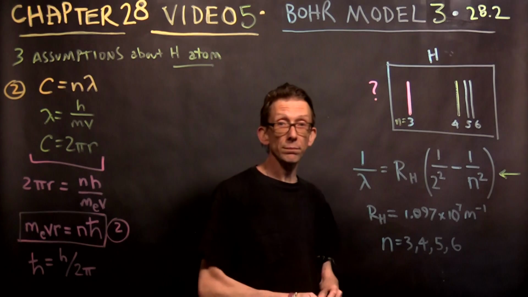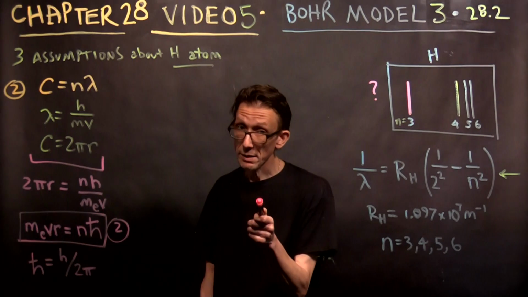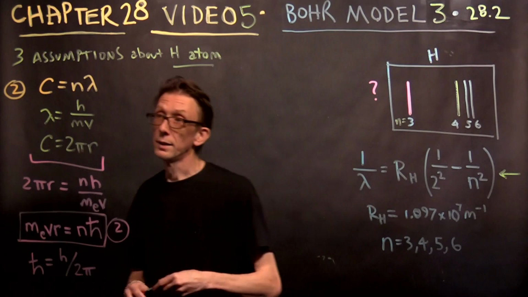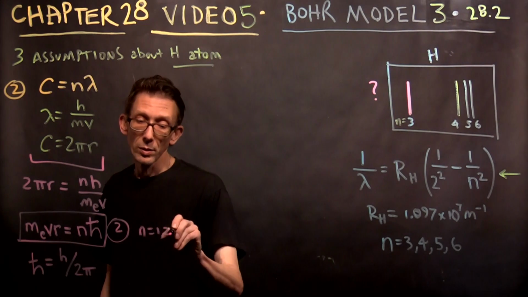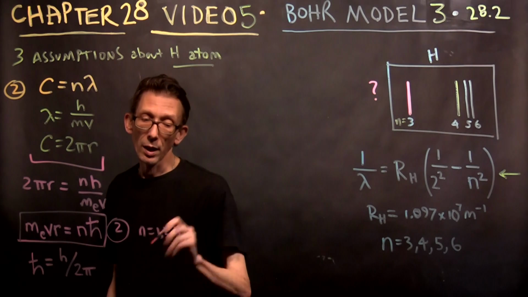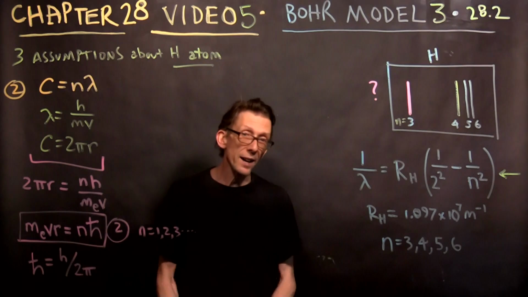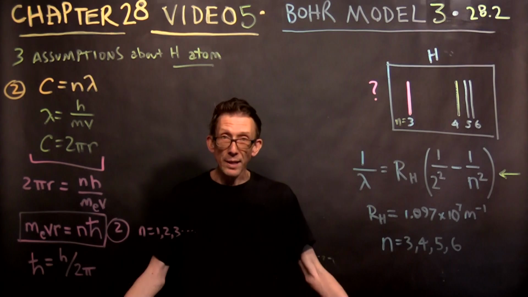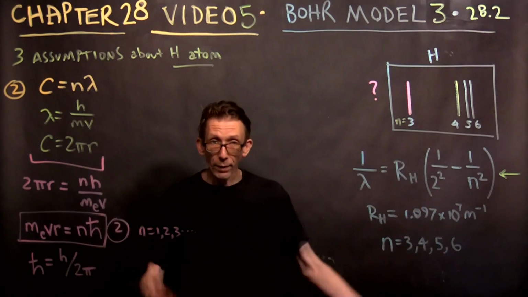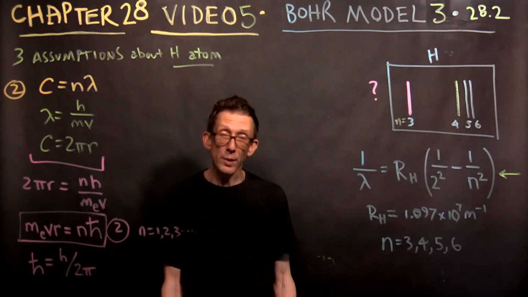Okay? And what I want you to notice is this. n equals 1, 2, 3, dot, dot, dot. n cannot take on any value. It can't be 4.7. It can't be negative 12. It can't be 17.1.